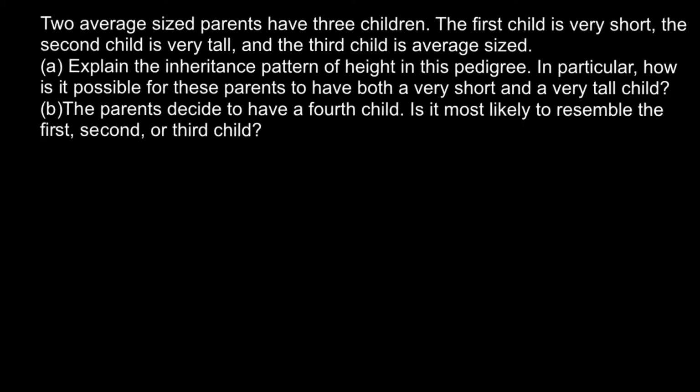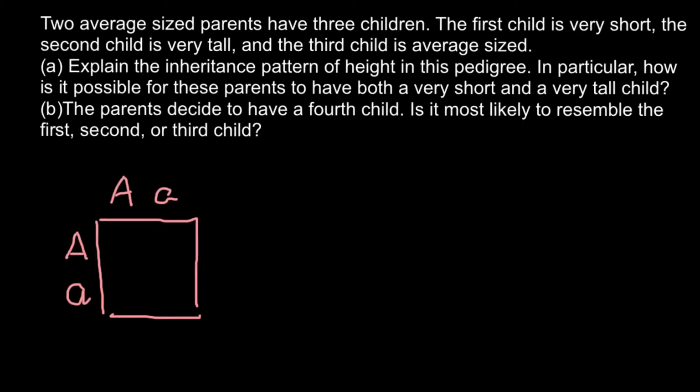So imagine that parent 1 is heterozygous and parent 2 is also heterozygous for the same gene. So they would both have the capital A small a genotype, and their children may have capital A capital A, capital A small a, capital A small a, and small a small a genotype.